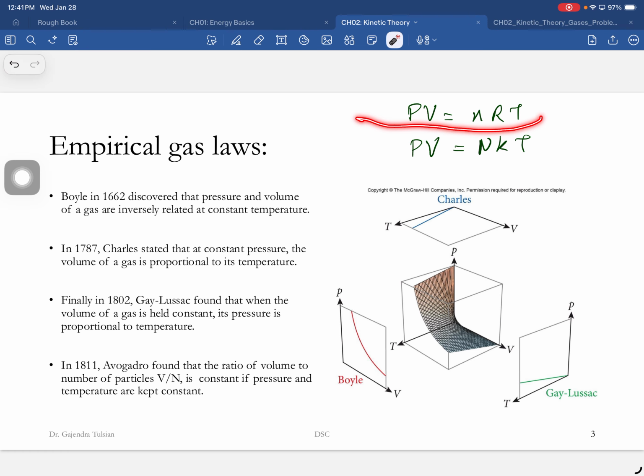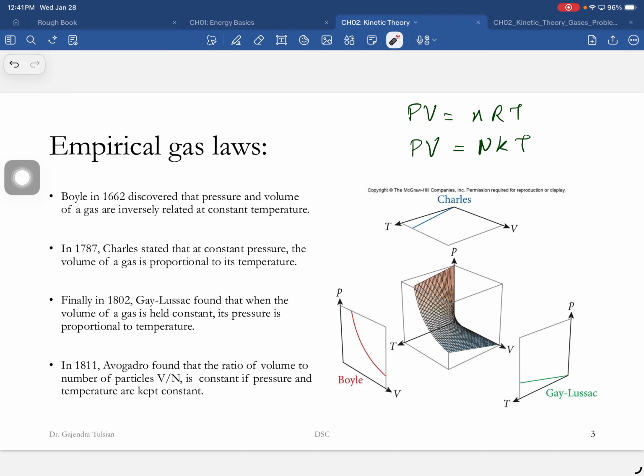In physics, in this formula, the temperature is in the Kelvin scale, pressure is in pascals, and volume is in meters cubed. In this formula, N is the number of gas molecules, and k is the Boltzmann constant. That's the number of moles; this is the number of gas molecules.